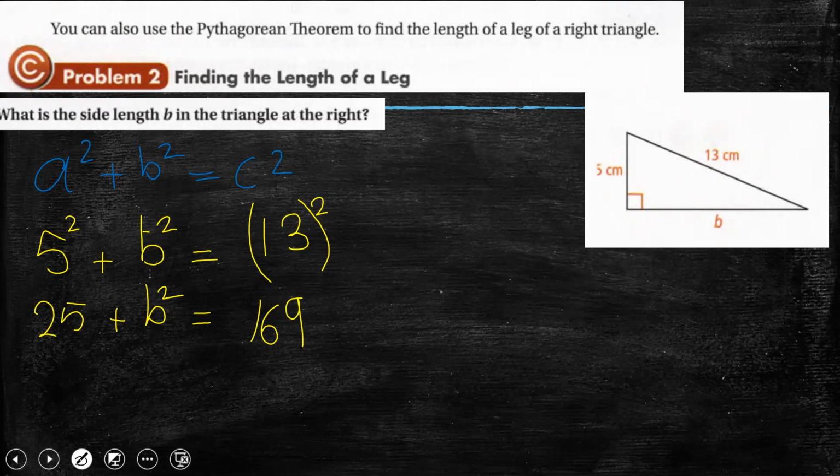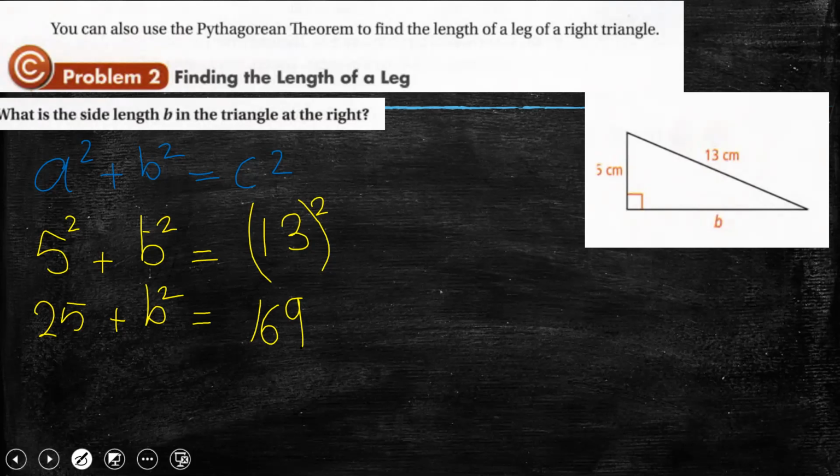I need to find b. Here it is an equation: 25 plus b squared equals 169. So where is the variable here? B squared. B squared is added to 25, is it right?